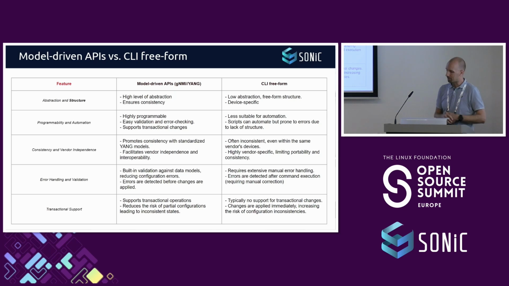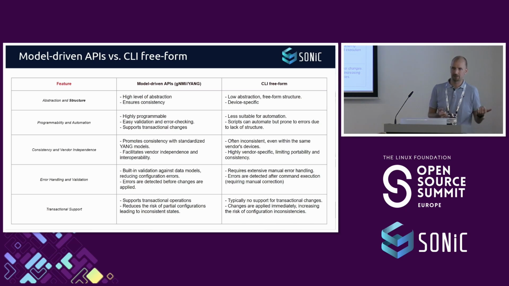Because of its features, it has a well-defined structure of the data. It allows you to version the APIs and gives extensibility, so you can add new features while providing backward compatibility. And if you're using the standardized Yang models, it could provide you vendor neutrality as well. It gives you better error handling.